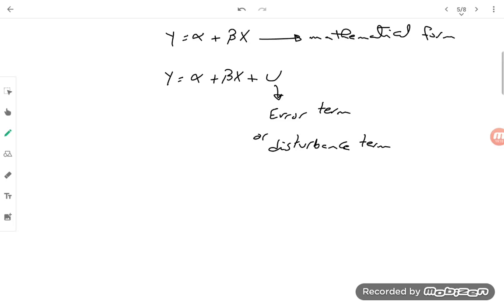But actually, in real life, we cannot collect data for the whole population. So we are going to deal with a sample and then generalize the results. So we would like to fit a straight line using sample data, not population data.